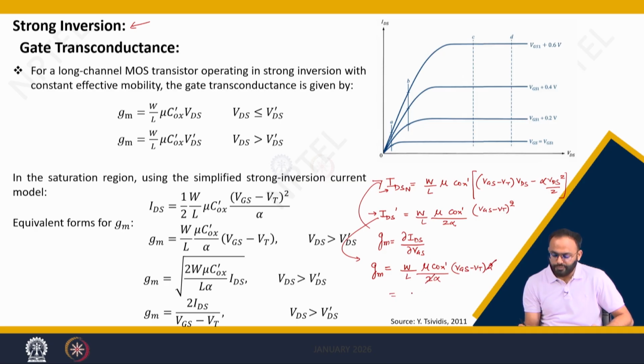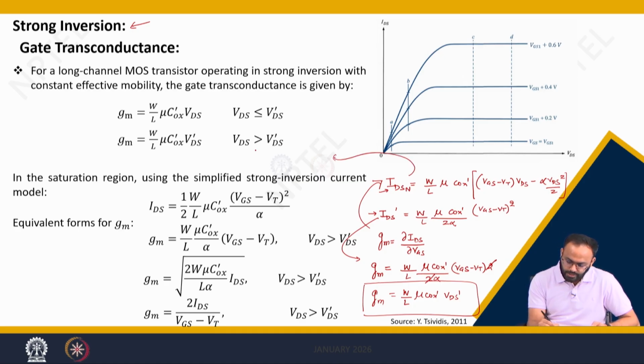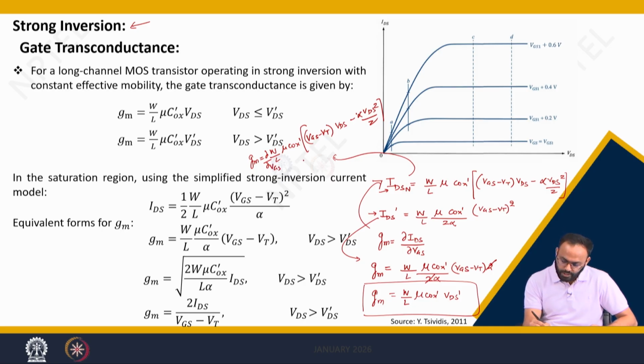So GM is W by L mu COX dash into VGS minus VT divided by alpha, which can be defined as GM in saturation. In non-saturation, GM is obtained from W divided by L into mu into COX dash into VGS minus VT into VDS minus alpha into VDS square divided by 2, and you need to differentiate this with respect to VGS. From here you will get GM as W by L mu into COX dash into VDS.